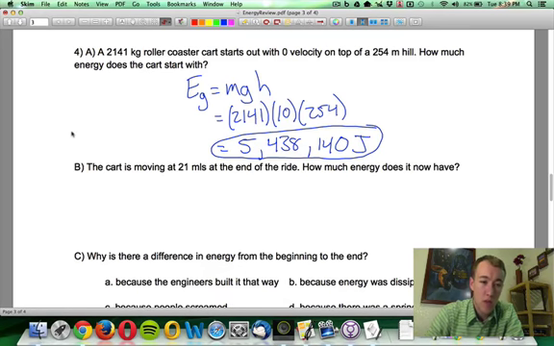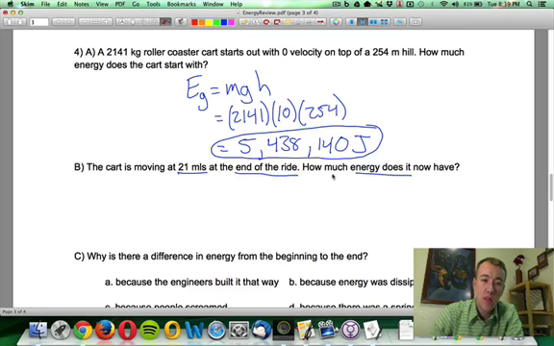Later on, part B, it says the cart is moving at 21 meters per second at the end of the ride. How much energy does it have now? Well, it didn't tell us that no energy was lost, so we can't make that assumption. So let's just solve for how much energy it has, and then we'll compare them later.